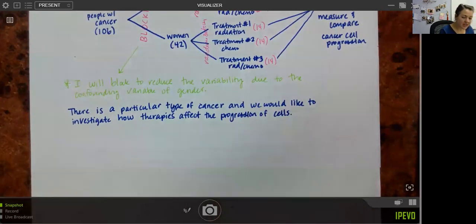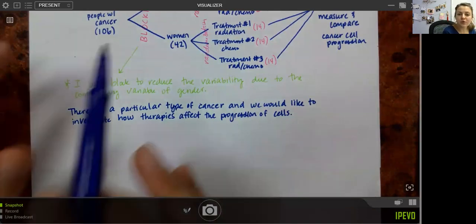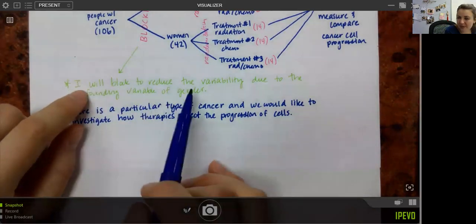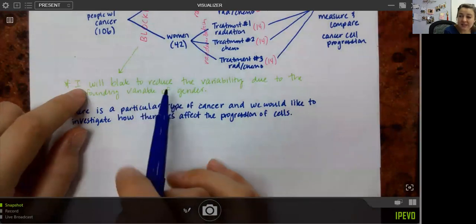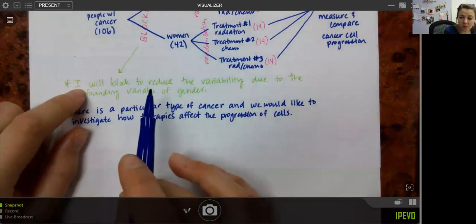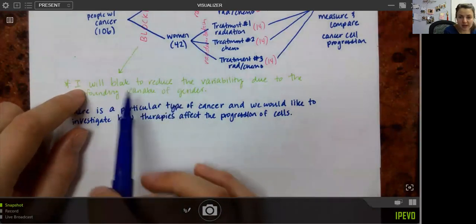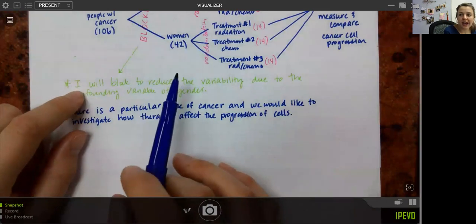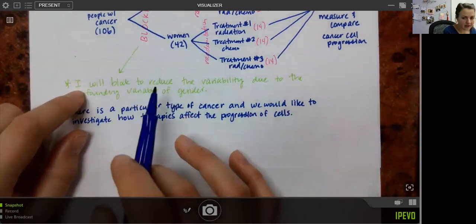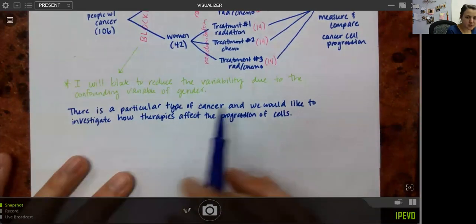Okay. Now, on the AP exam, you want to state what kind of experiment you're going to create. You can, if you want to be fancy, add in the sense of why you're blocking it, why it's a randomized block experiment, but usually they'll ask a specific question where you have to answer that. Okay, so there's a particular type of cancer.